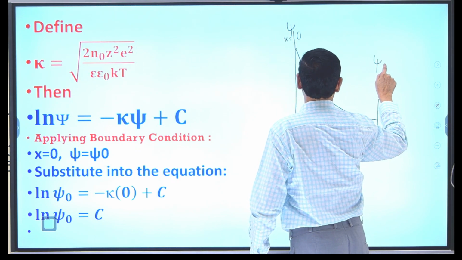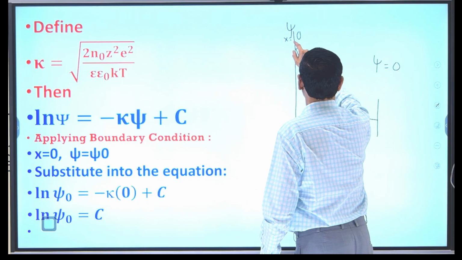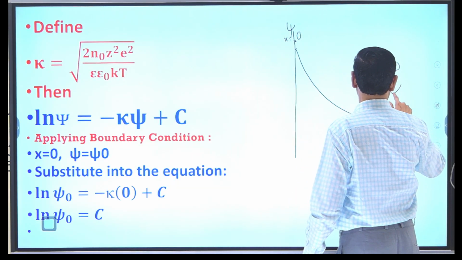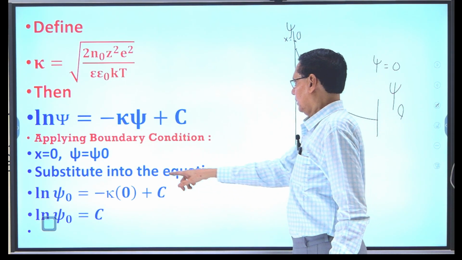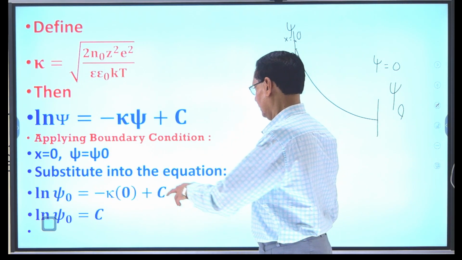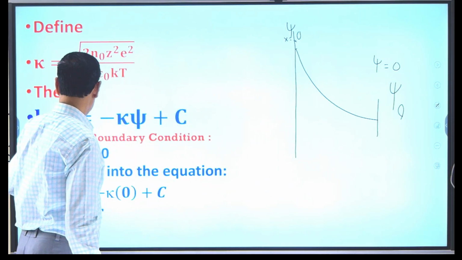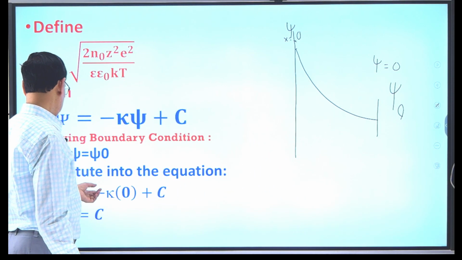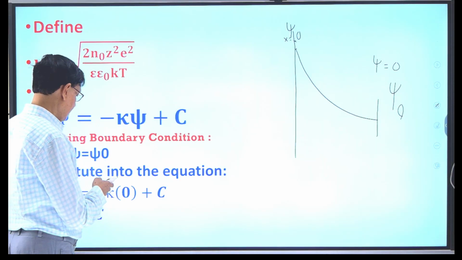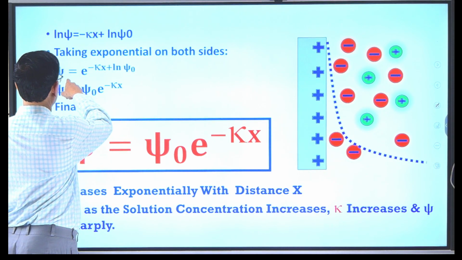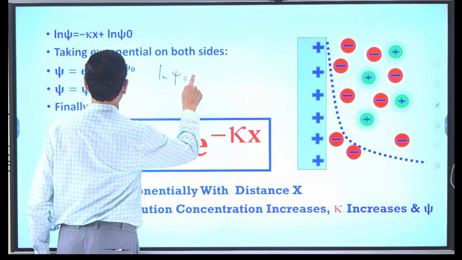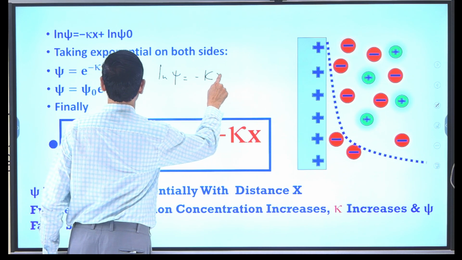Here psi is equal to 0, psi x, psi 0. So substitute the value and you use the value of 0. So c is equal to log psi 0 and ultimately you know that natural log of psi is equal to minus kappa x.